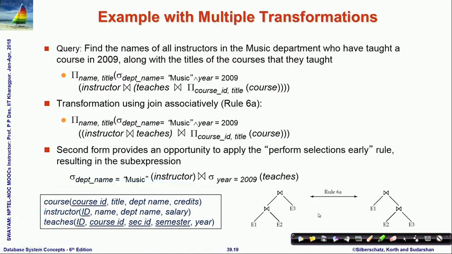This is another example query we are taking. Find the names of all instructors in the music department who have taught a course in 2009, along with the titles of the course they taught.